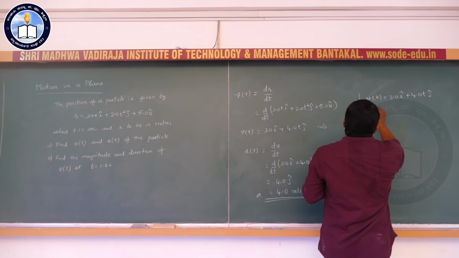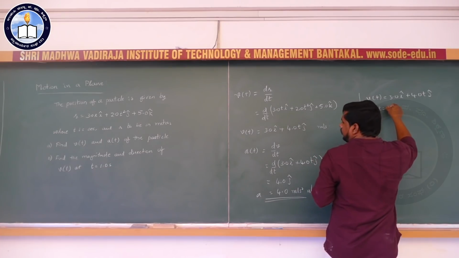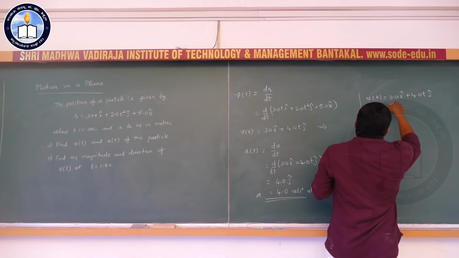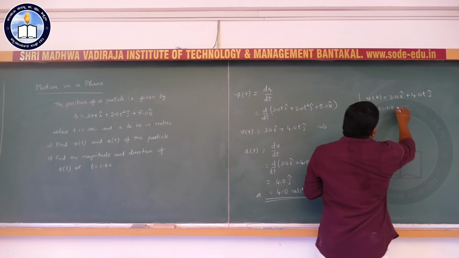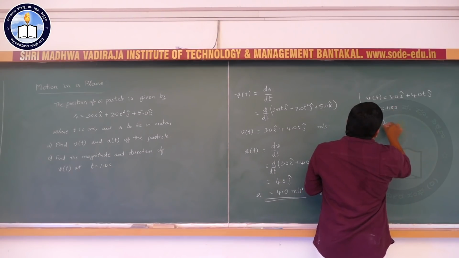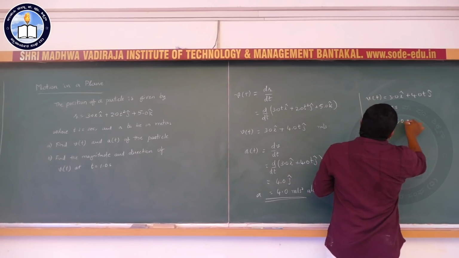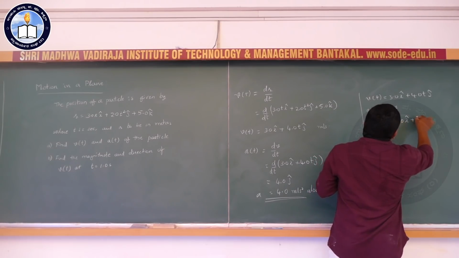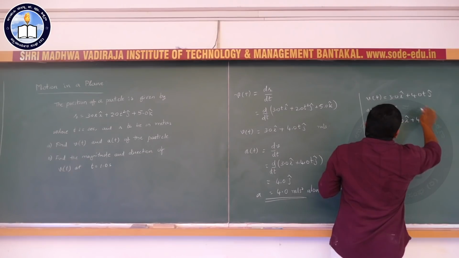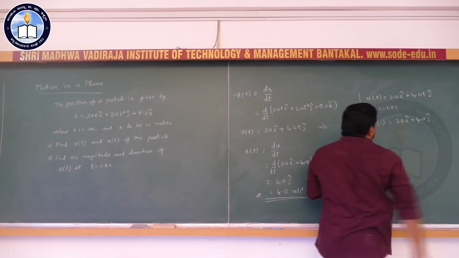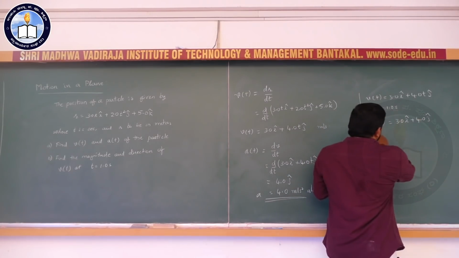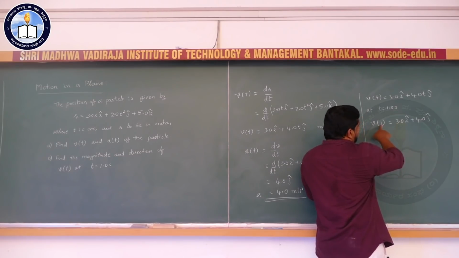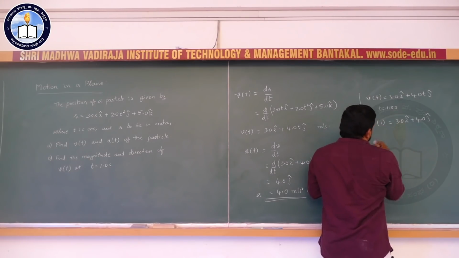So at t is equal to 1 second, v at 1 second will be equal to 3.0 i cap plus 4.0 into 1 j cap. This will be the velocity at time t is equal to 1 second.